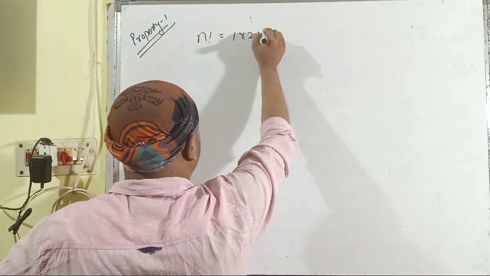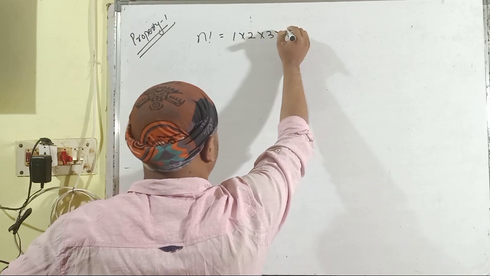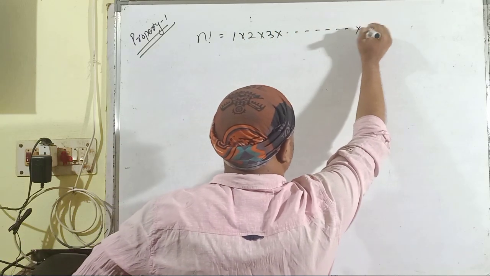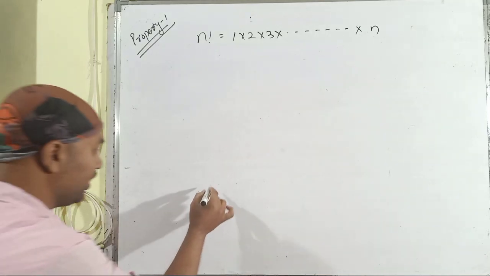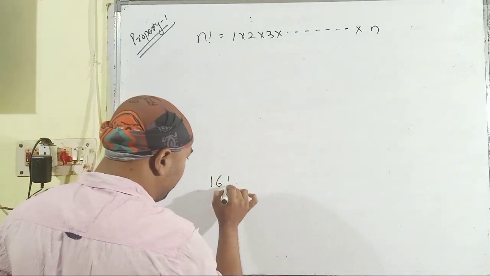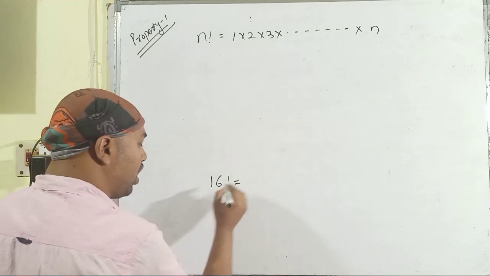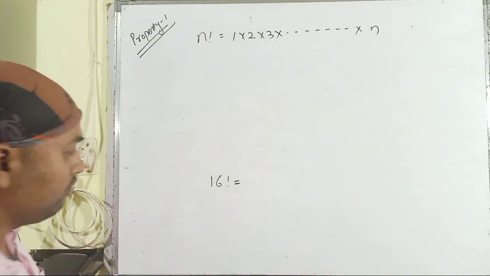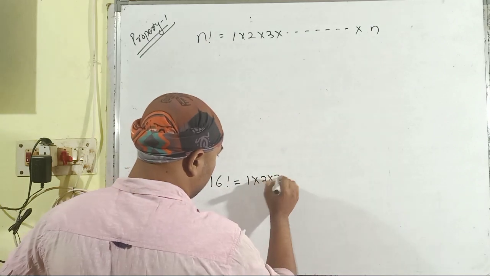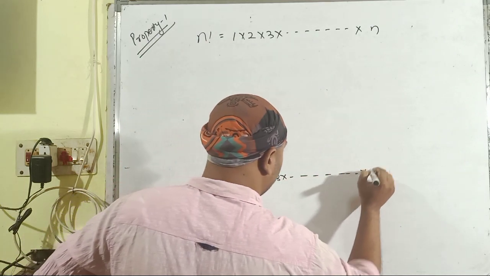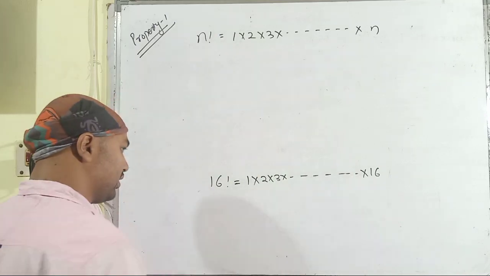So it will be 1 multiplied with 2 multiplied with 3 and so on, multiplied with n. Similarly, 16 factorial will be the multiplication of all continued numbers from 1 up to that given number 16, and we have to multiply it.